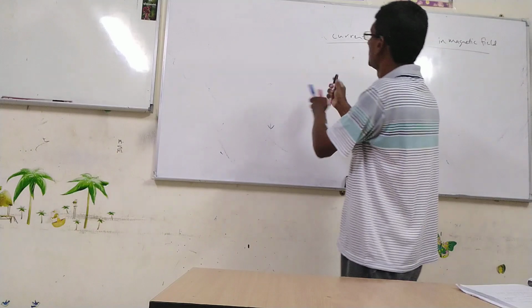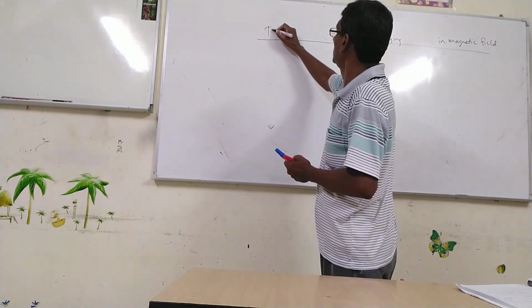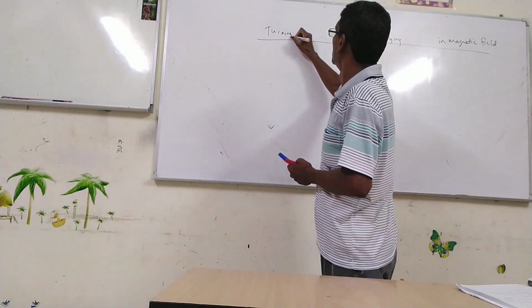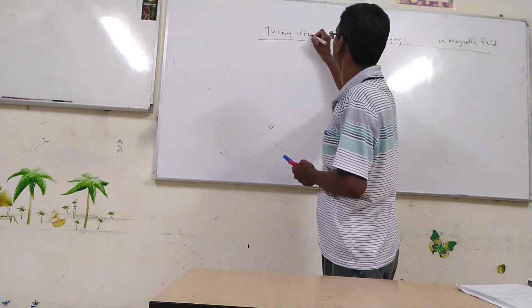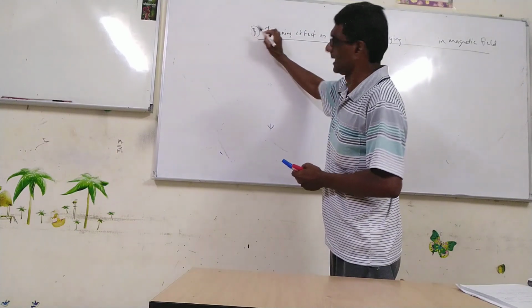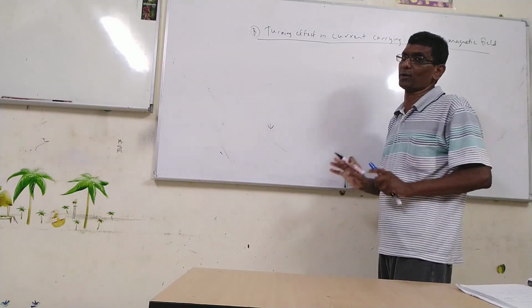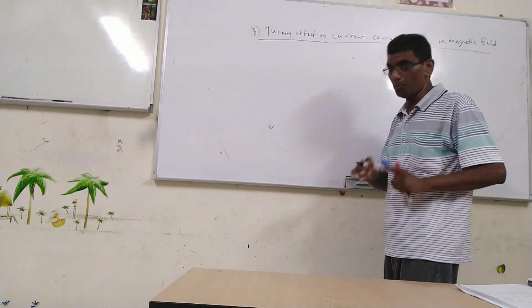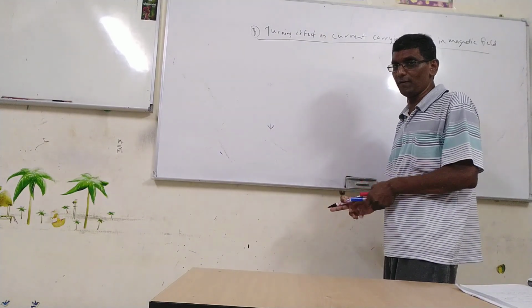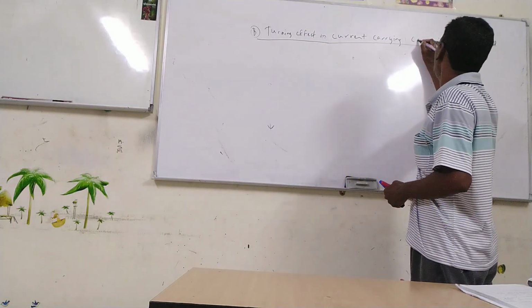This topic is section B. That's not A. A is fundamental; this B is very important, more important than A. What do we learn? Turning effect on a current carrying coil.